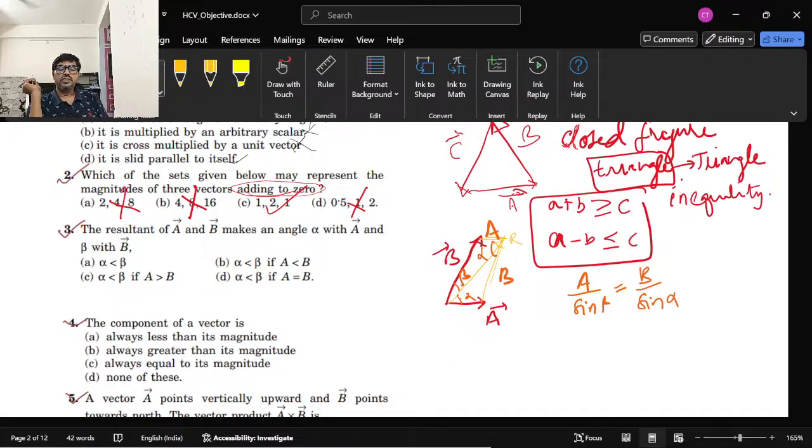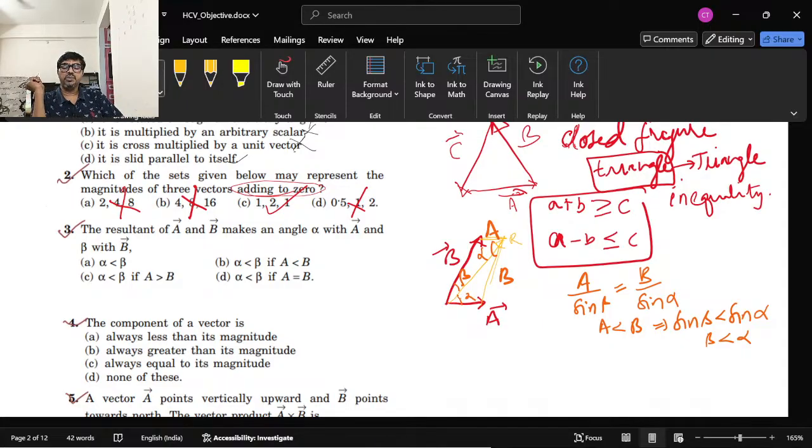A less, meaning sine beta has to be less. So A less than B means sine beta has to be less than sine alpha. Anyway, in the first quadrant the sine function is an increasing function, so beta has to be less than alpha.